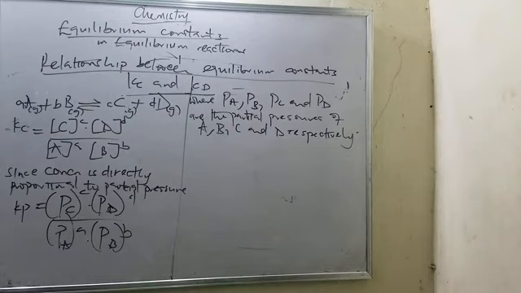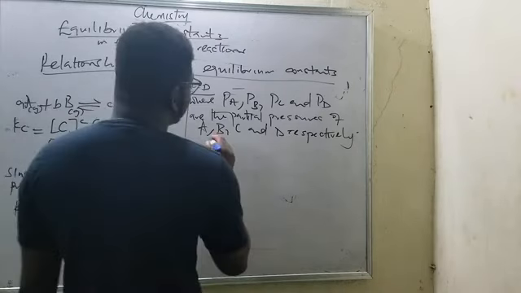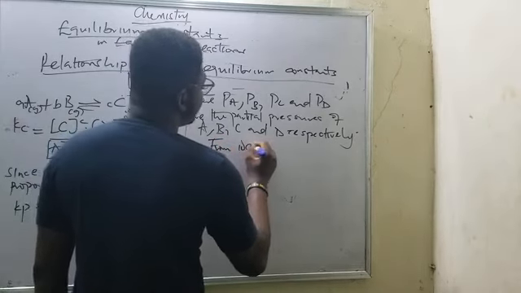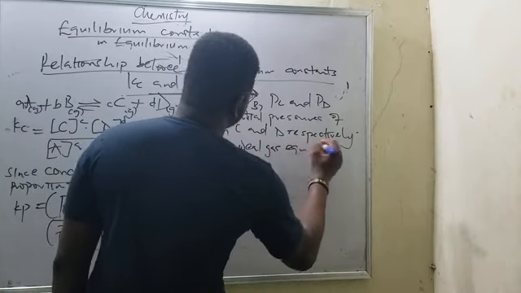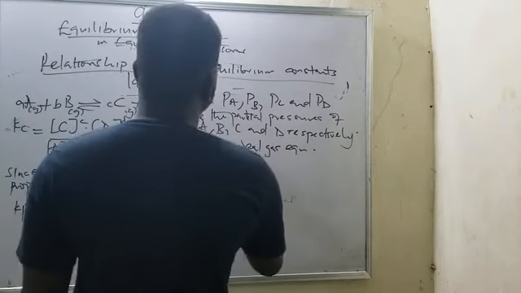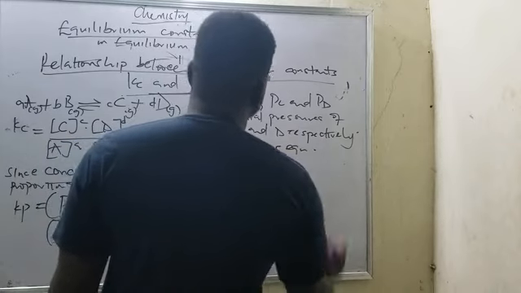So, having known this, I think the derivation process has just started. From our ideal gas equation, we say PV is equal to nRT, right?